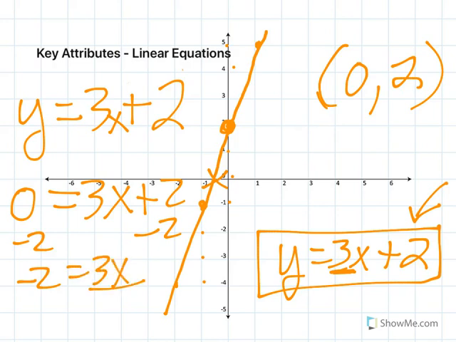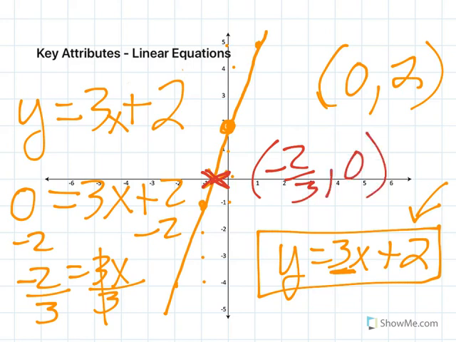Now I have to divide by 3 to get x by itself. And now I get x is equal to negative 2/3, which is kind of like right where that x is, okay? So the x-intercept would be at (-2/3, 0), when y is 0. So that's how you can figure out the y-intercept and the x-intercept mathematically.